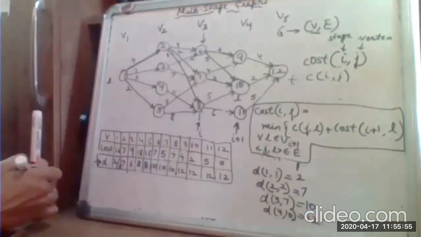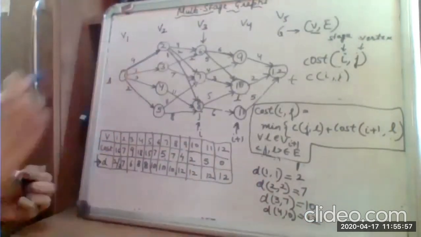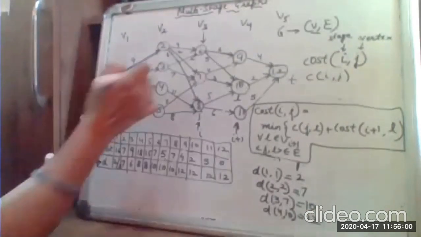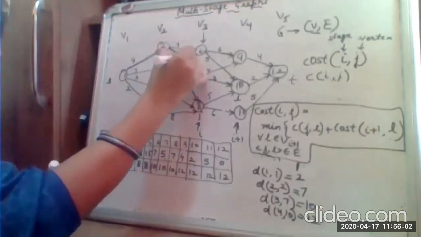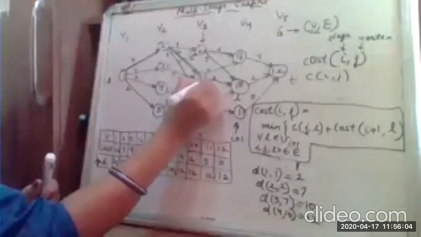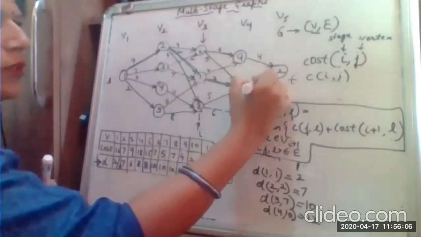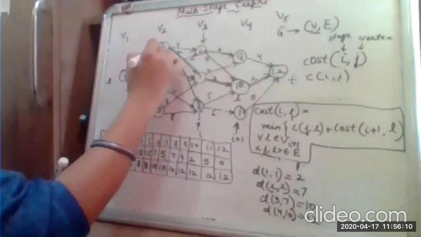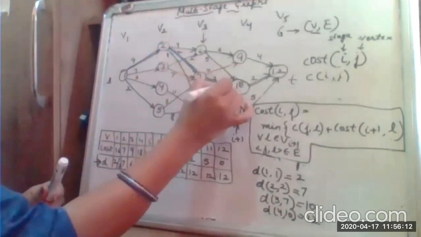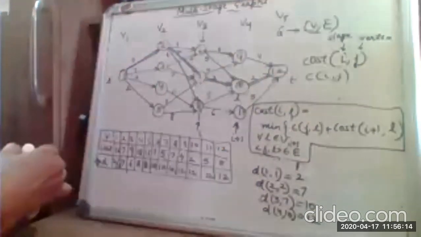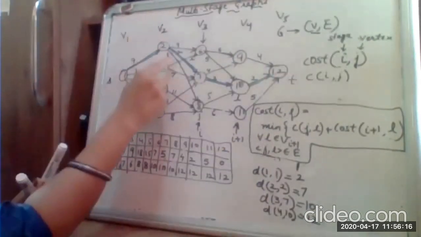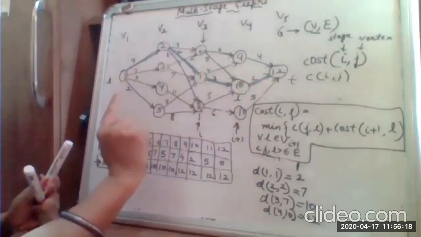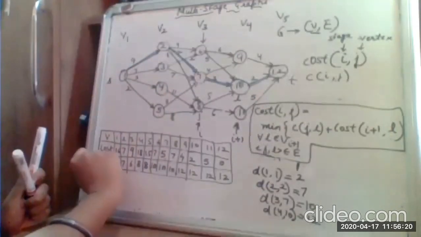So this is the path that we are following: 1 to 2, then 2 to 7, 7 to 10, and then 10 to 12. This is nothing but equal to 9 plus 2 plus 3 plus 2. So that is equal to 16.